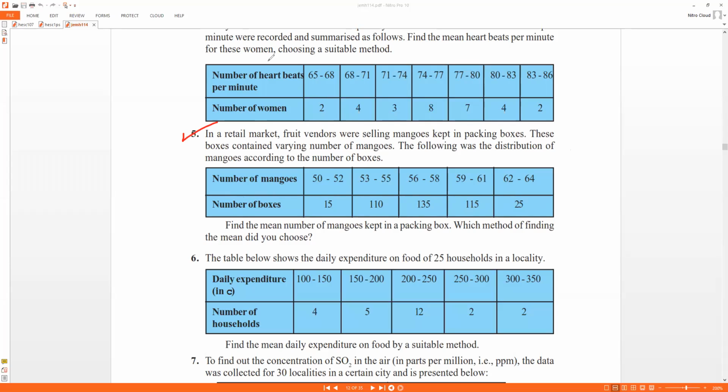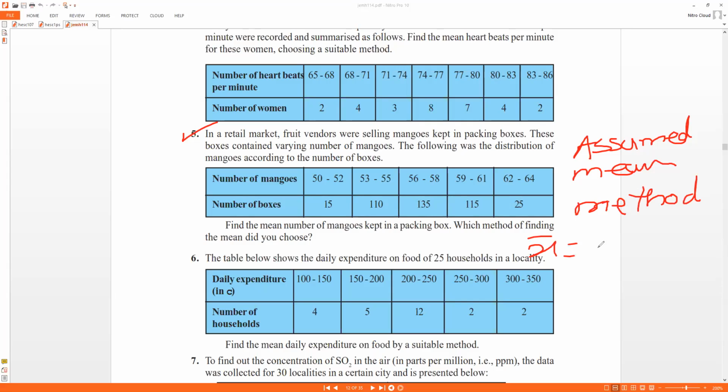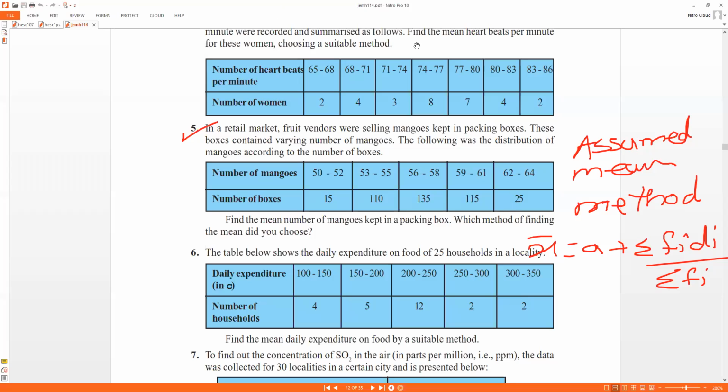Okay, will you be able to do this by assumed mean method? Yes, sir. Okay, please try it, do the calculations and tell me what do you get. So how much is the mean?